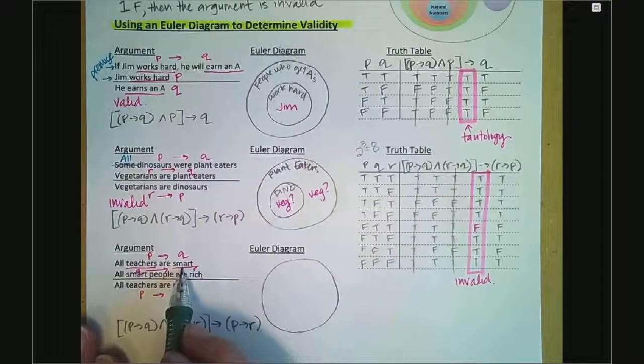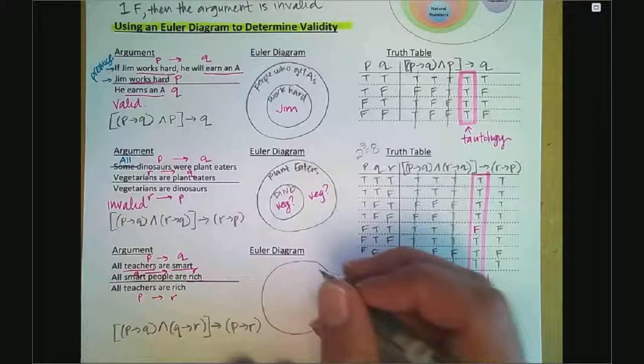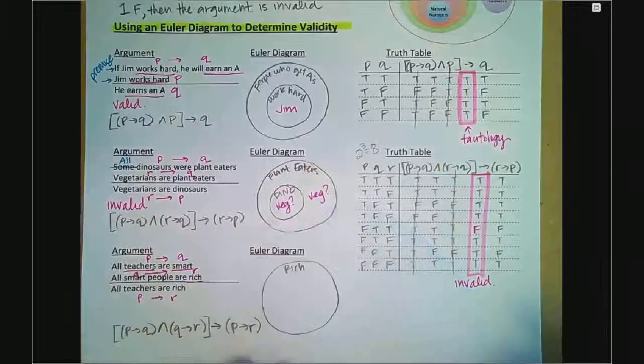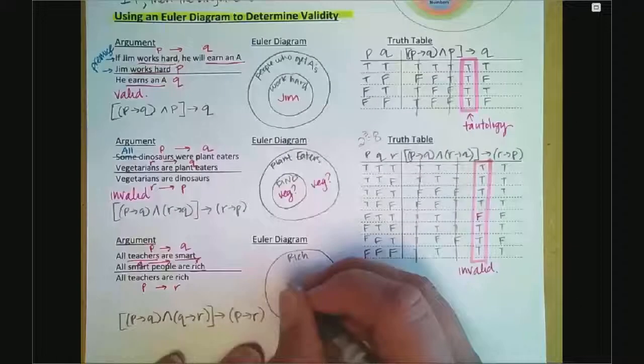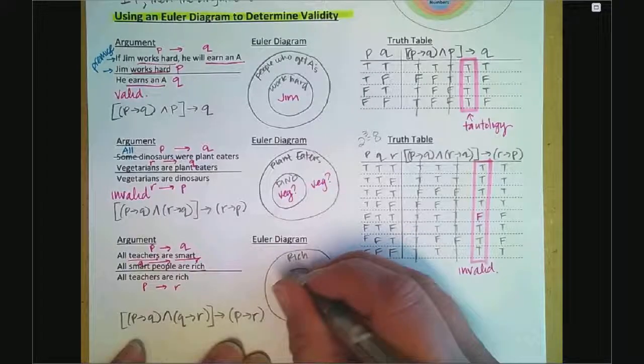So all of my smart people fit in the rich category. So the biggest circle I have here is my rich circle. Smart people are rich. So if you're smart, you live inside the rich.